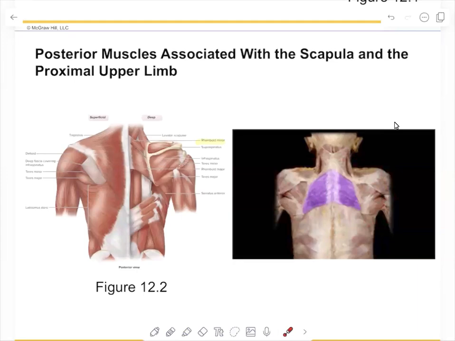So we have the rhomboid minor, and there's also a rhomboid major. So this is actually the rhomboid major that's on the cadaver image. And it's also important to notice some of the important muscles that are involved with the rotator cuff, which we will be talking about coming up.